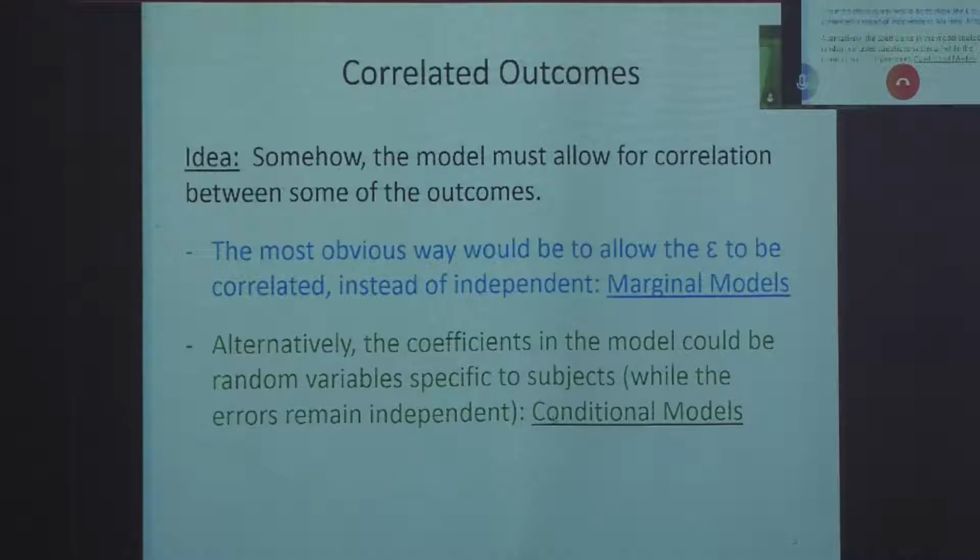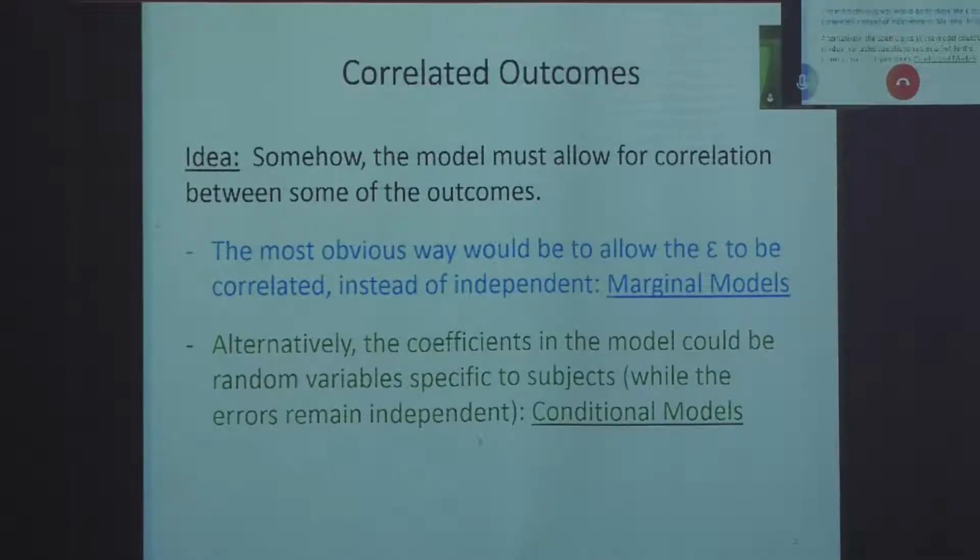And I would like to tell you that these are your 2 choices, but unfortunately it does get more complicated. Not for today's lecture, but in real life, there are a couple of different approaches for marginal models, a couple of different approaches for conditional models. So while these are the 2 big classes, the first decision you need to make, within the class, there are also some minor choices to be made.